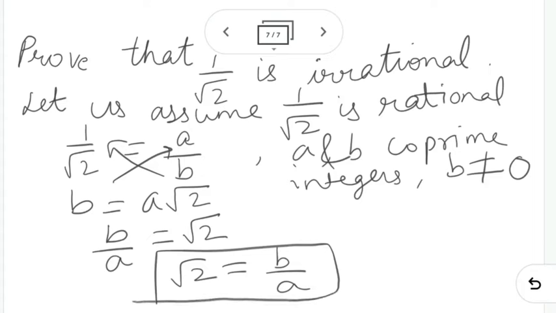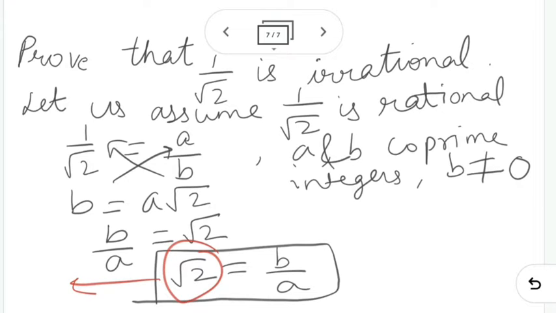Now from this equation, what do we understand? B upon a is a rational number form and root 2 is irrational. We have seen and proved that all these types of numbers are irrational. Now this is irrational, but this is rational. So the two results are opposing.